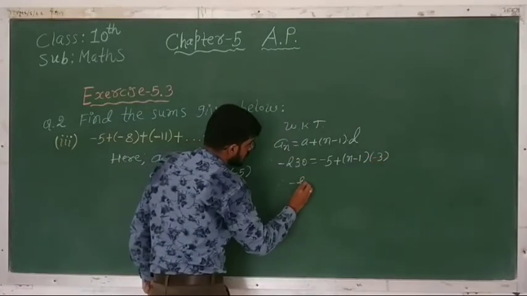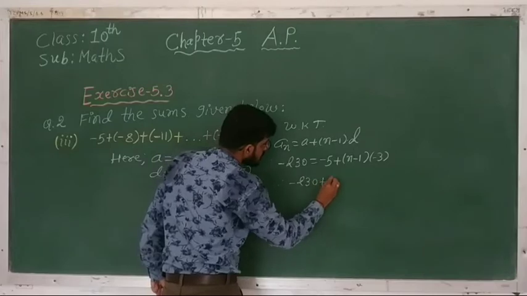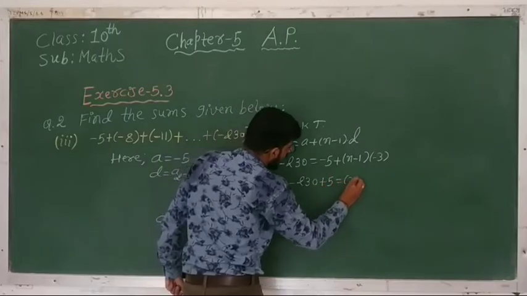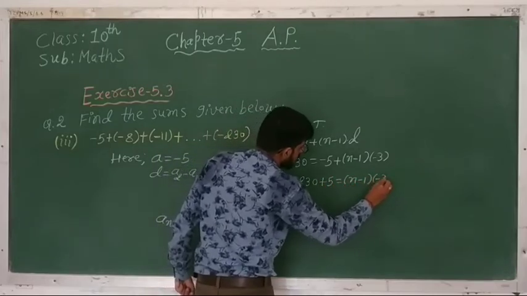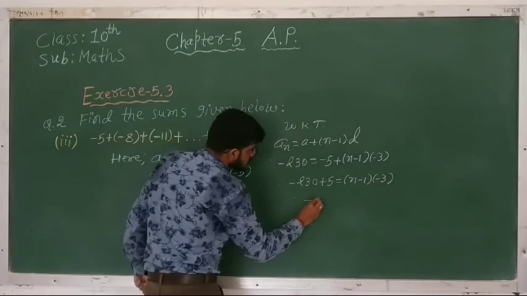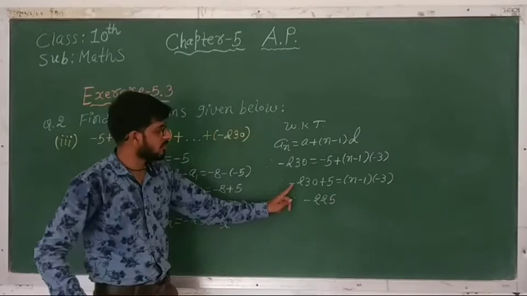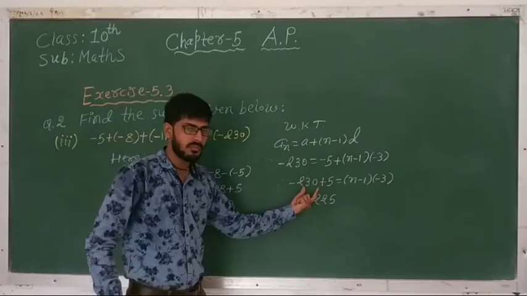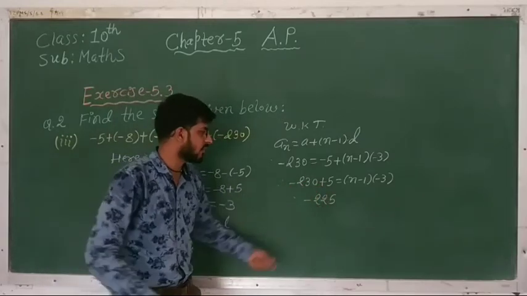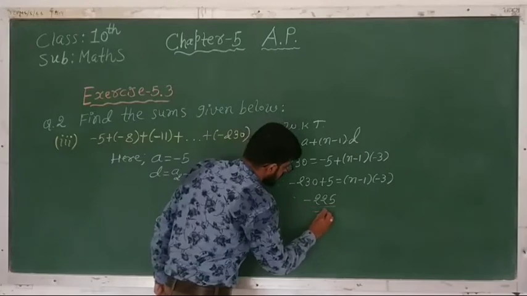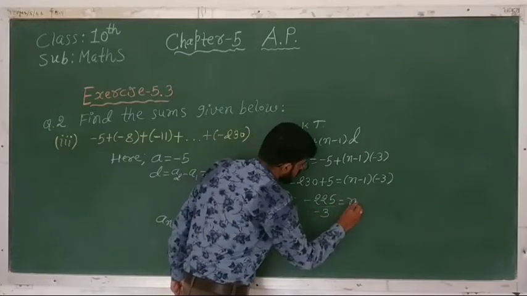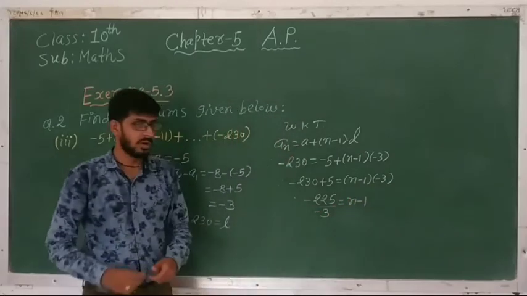Therefore minus 230 plus 5 is equal to (n minus 1) into minus 3. Therefore minus 225, yes or no? Because minus 230 plus 5, so we subtract 5 from 230. So it gives minus 225 divided by minus 3 equals n minus 1.